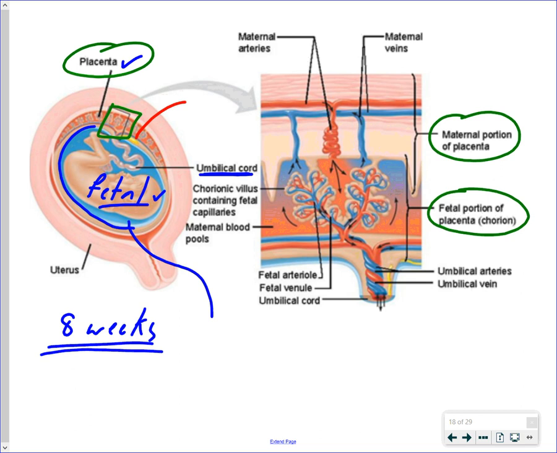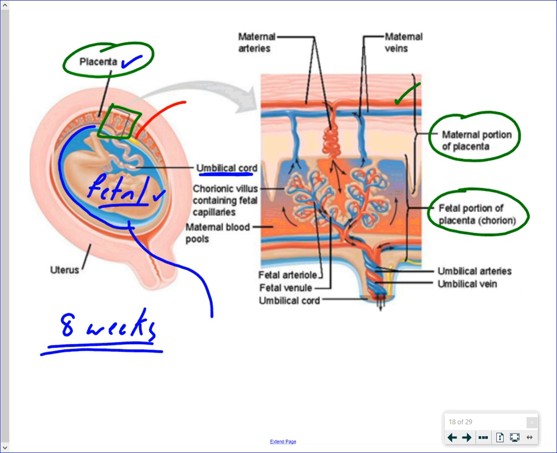Remember that progesterone is going to be maintaining the endometrial lining and also increasing the vascularization, the blood vessels. So this is what the embryo and the fetus is really dependent upon for all of its oxygen, its nutrients, amino acids, fatty acids, glucose, vitamins, minerals, and also getting rid of all the wastes that it is producing as well.